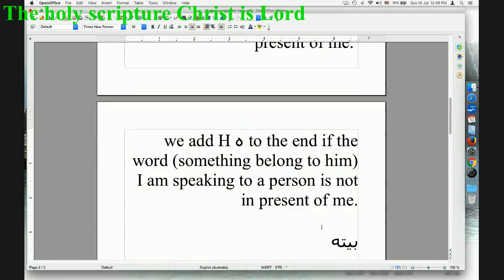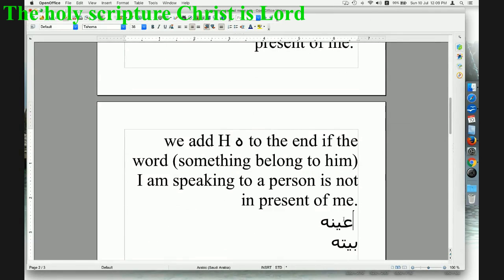Let us say I'm going to speak about his eyes or her eyes. So the word ayun, or let us say ain. Let us take the original. Ain means eye. So I want to make it his eye. I add ha.